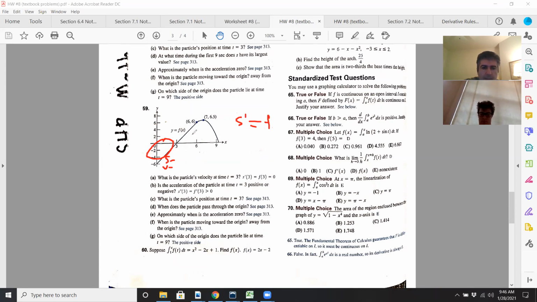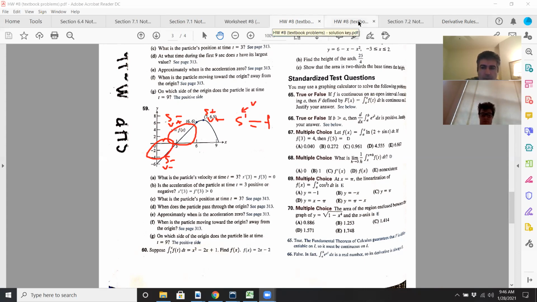Now here, you still have negative position until you get to 6, but your velocity is now positive, so it's going towards the origin. And then all of a sudden, your S is positive and your velocity is also positive, because you're above the x-axis. So we're going away from 0 to 3 and 6 to 9, but we're going towards from 3 to 6.